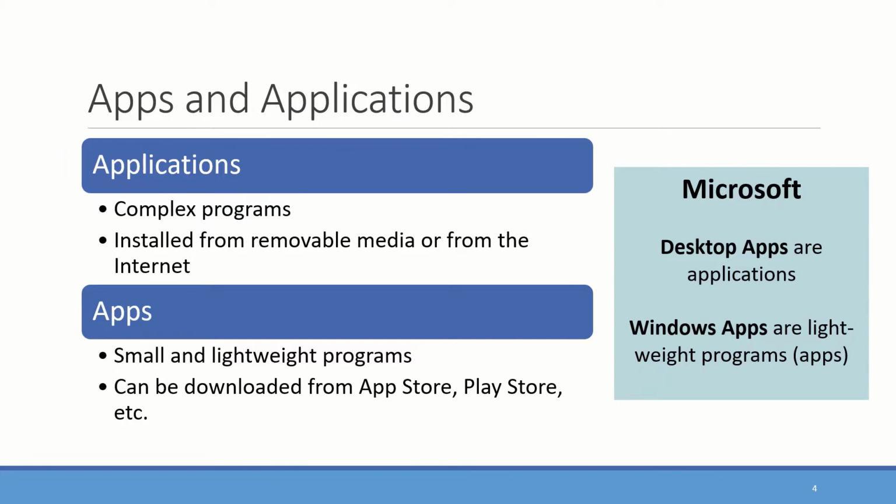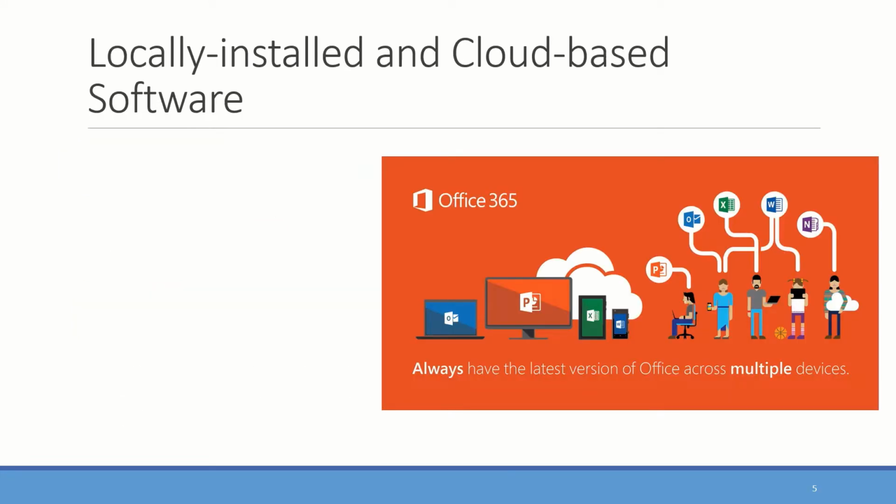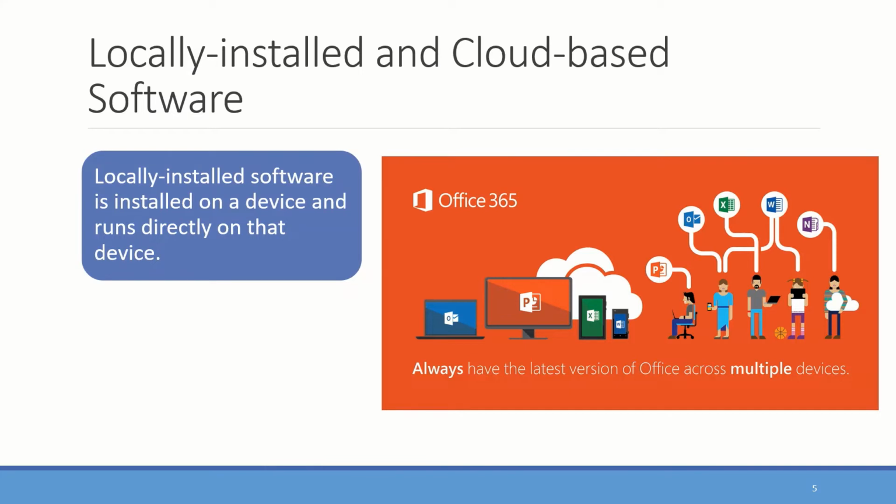In Lesson 5, we will work with locally installed software. Locally installed software is installed on a device and runs directly on that device. These programs are designed to work with specific operating systems and with hardware that meets certain minimum requirements.